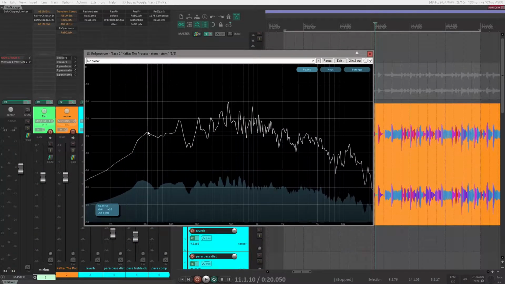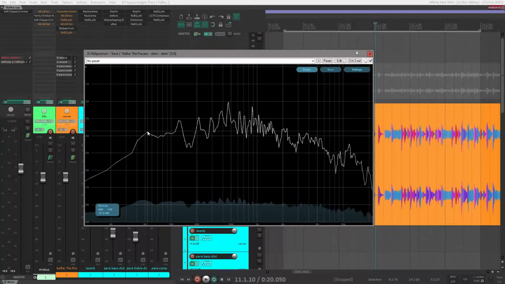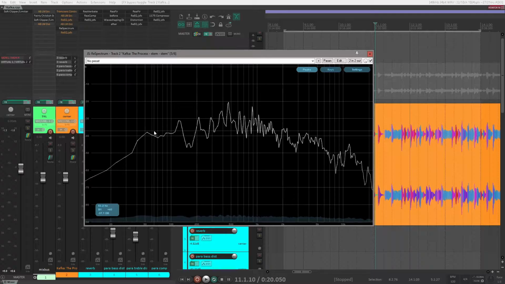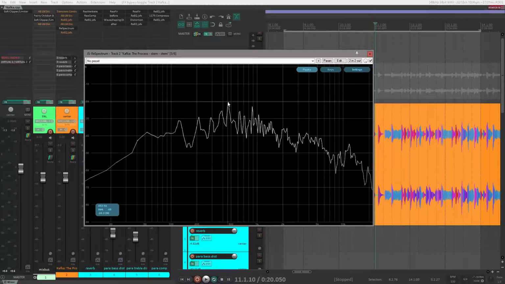You can see here where most of the content actually is. It's roundabout in the 40 to 50 hertz area, the fundamental of the didgeridoo that I played. There's something going on over here, and there's an interesting peak over there.